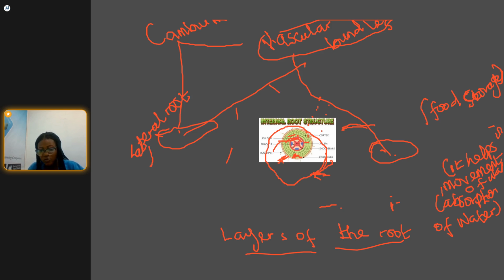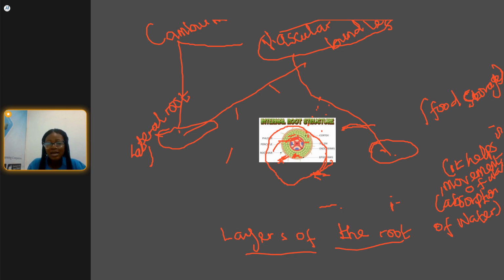What is the function of the phloem, the function of the xylem, and the function of cambium? Just like I explained earlier, cambium gives rise to a new xylem and phloem for secondary growth. So that is why most times we don't label cambium when we draw the internal root structure, because it is responsible to produce a new xylem and phloem for secondary growth. That is the function of cambium.